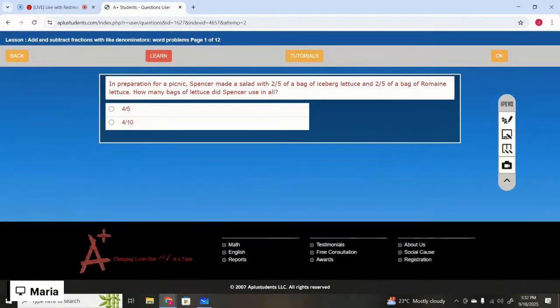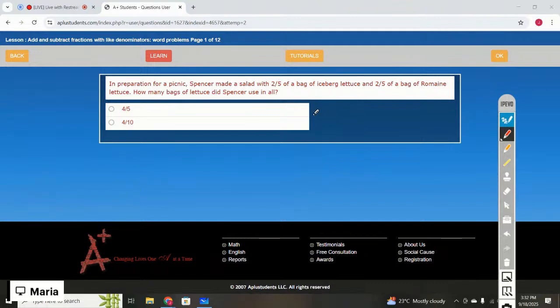In preparation for a picnic, Spencer made a salad with 2/5 of a bag of iceberg lettuce and 2/5 of a bag of romaine lettuce. How many bags of lettuce did Spencer use in all?